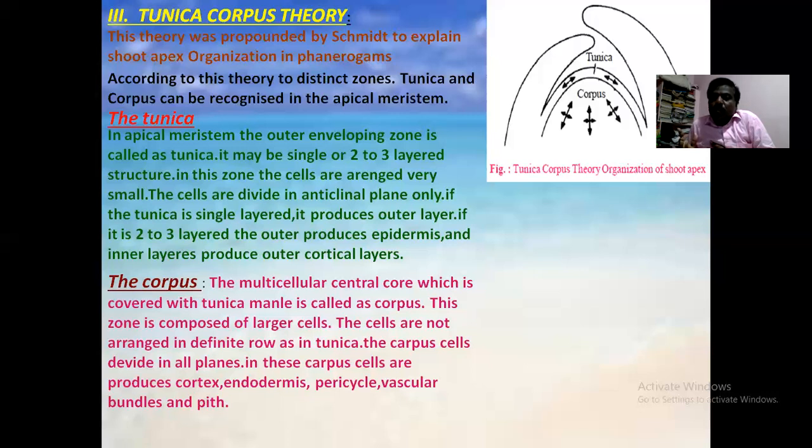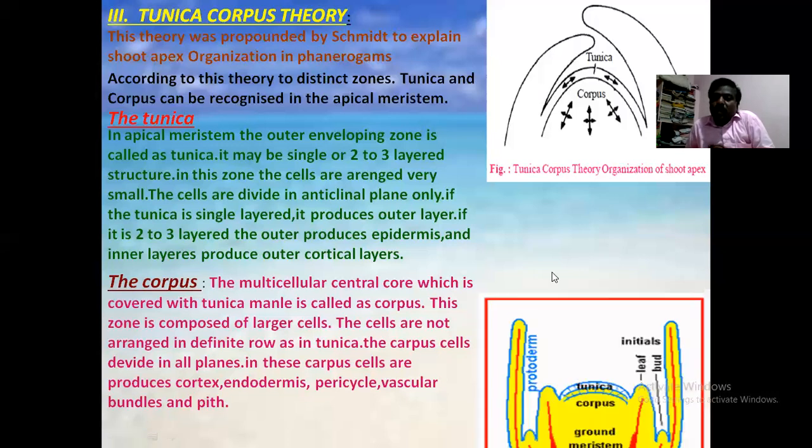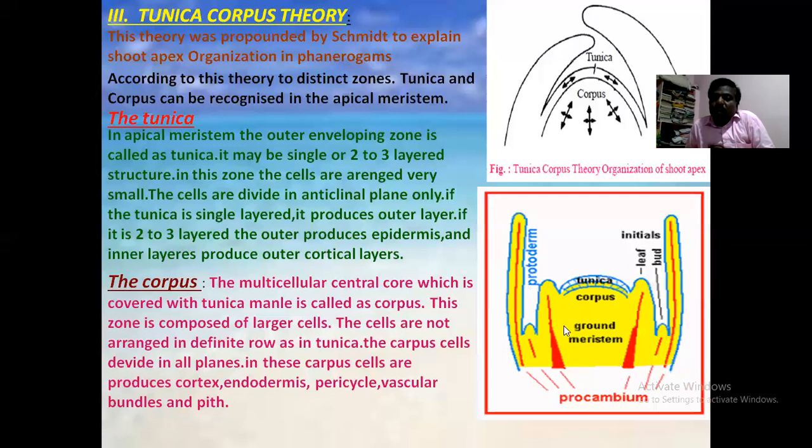These two parts, tunica and corpus, are present in the stem of the plant, as observed by Schmidt. This figure also shows the tunica and corpus, the ground meristem, the leaf and bud, and the protoderm.